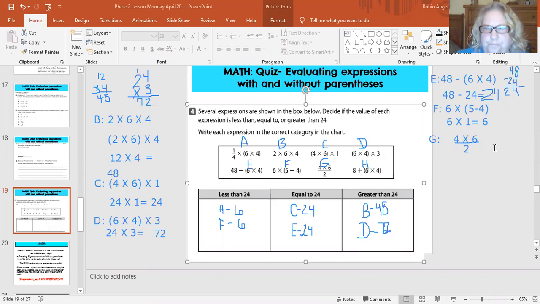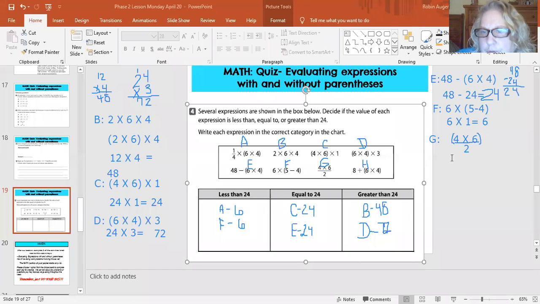There. Okay, and so we need to do 4 times 6 first. So I'll add some parentheses in there.